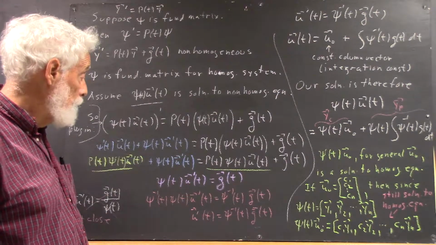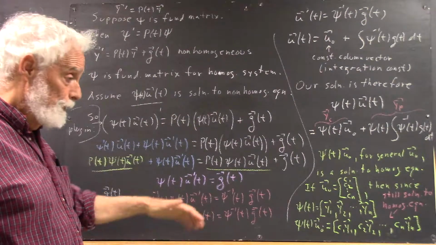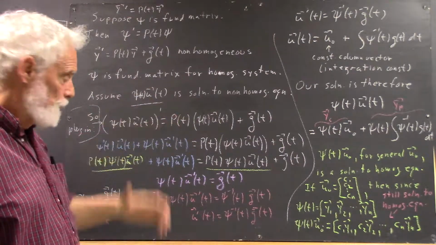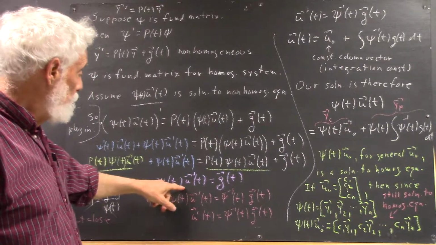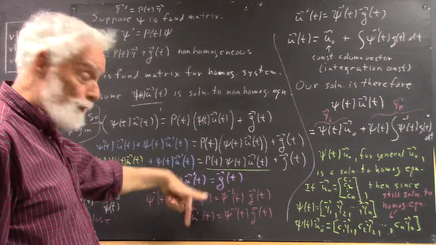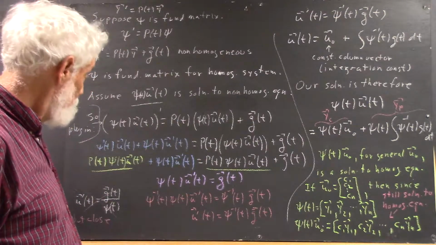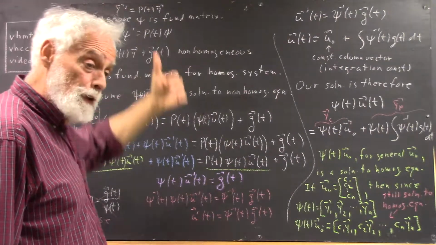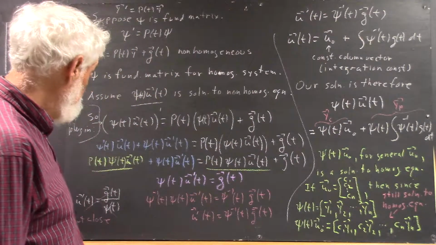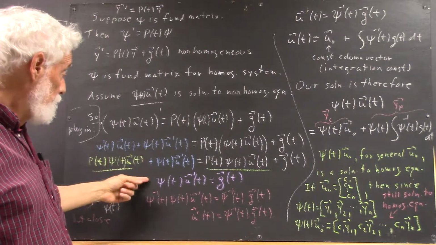This applies not just to 2x2 systems, but to n by n systems, a 12x12 system, a 38x38 system. U is going to be a column with that many functions; if it's a 12 by 12 system, it's going to have 12 functions. So this applies no matter how many, which is really pretty neat.